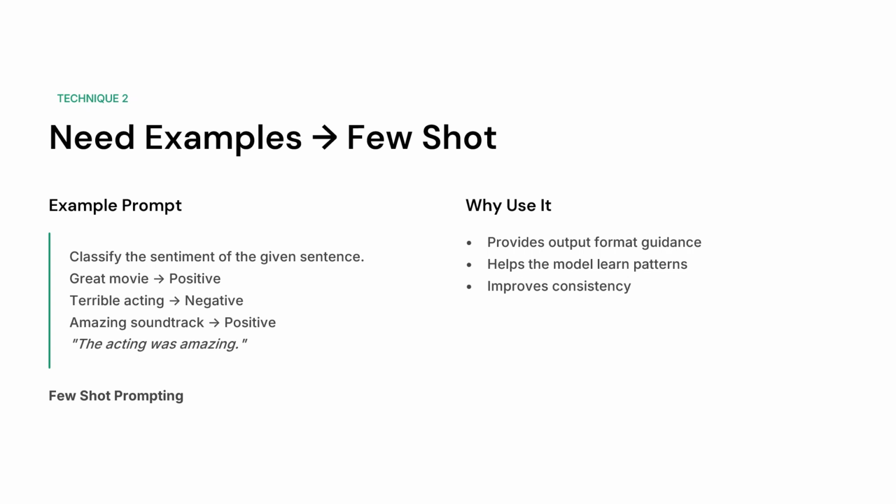But if you want to guide the model to output in a particular format, and help the model learn patterns and improve its consistency, then providing a few examples of how exactly you want the output is better. So in such cases, few shot prompting works pretty well.